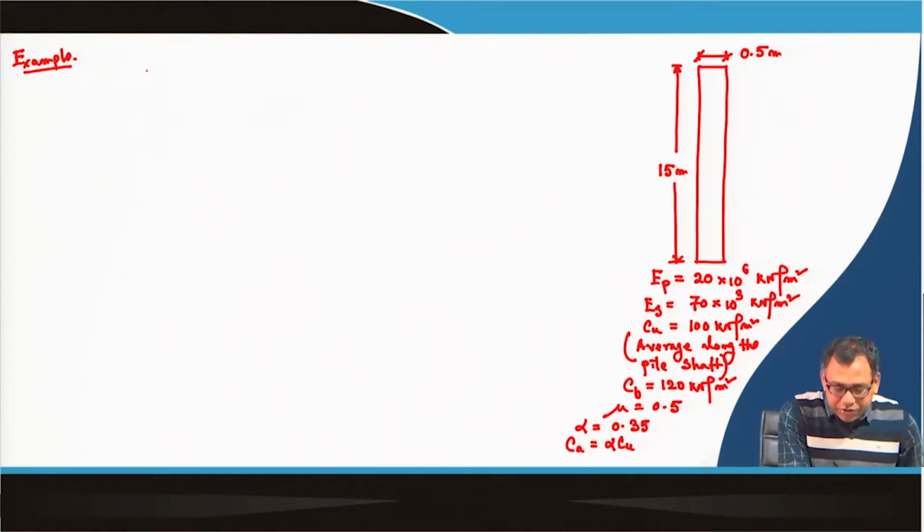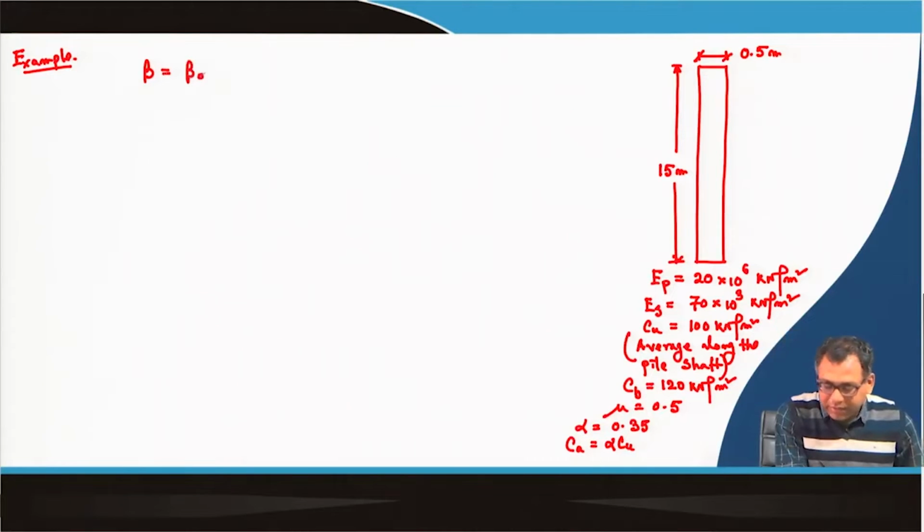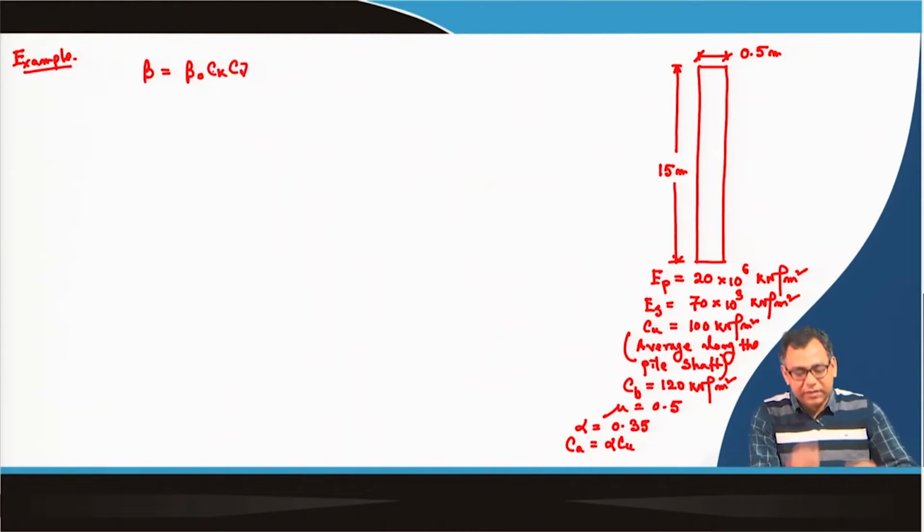Now the portion of the load that will transfer to the tip is equal to beta 0, C k and C nu. What beta 0, C k and C nu are, I have discussed.